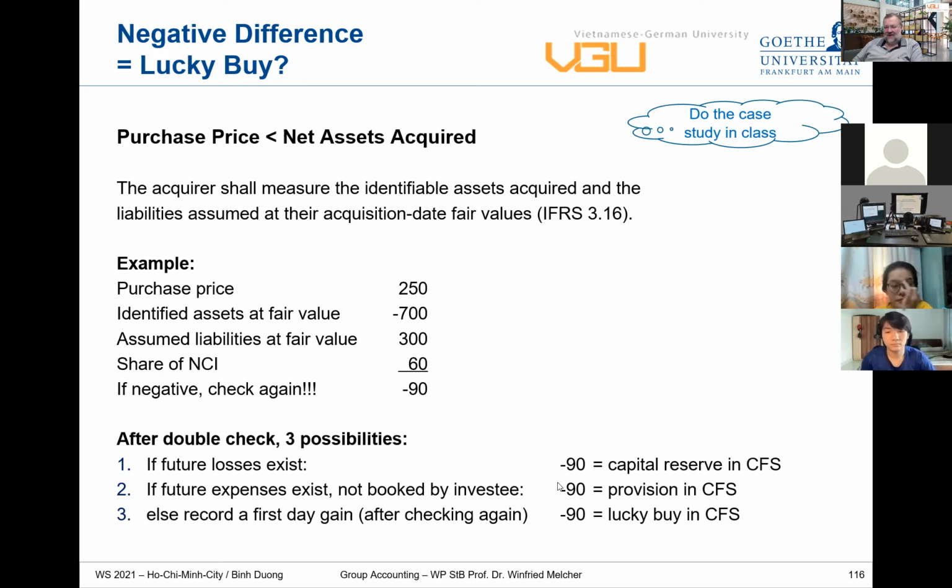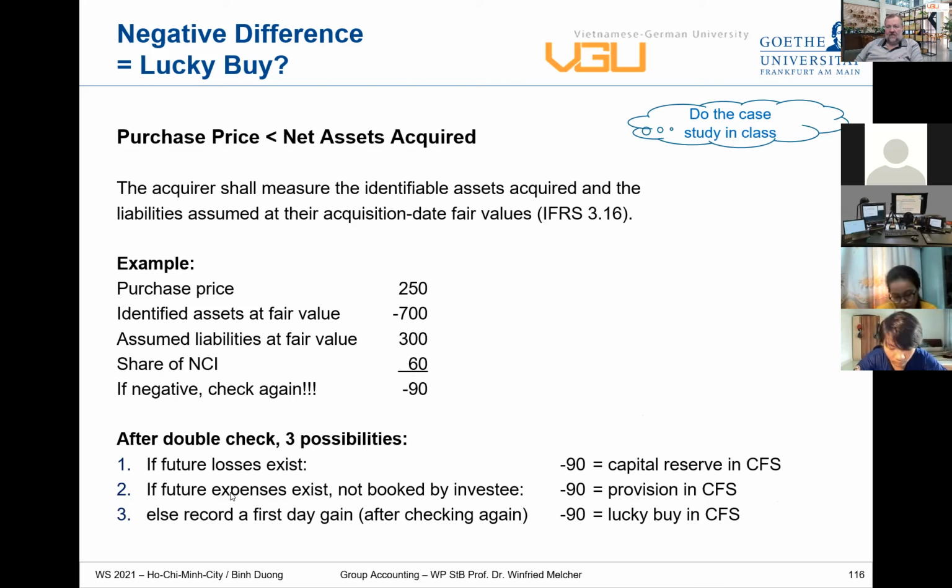I think you're on a good way. If you did not understand the discussion, please go back maybe to the video, and then you can maybe understand that one. So we have three possibilities if this difference is negative. We first check whether there are future losses, then set up a capital reserve.